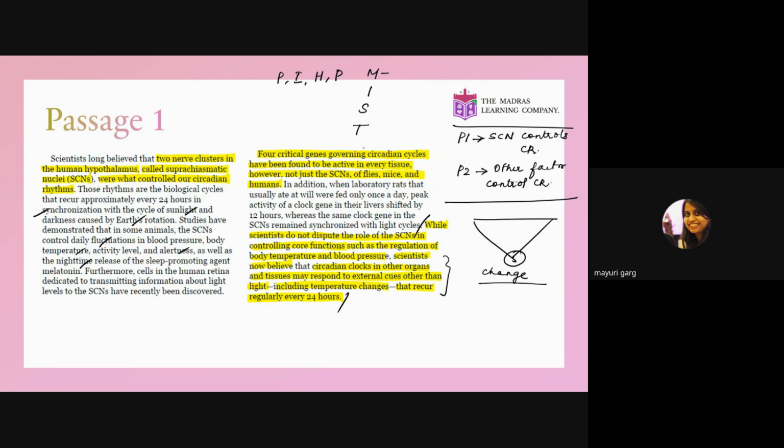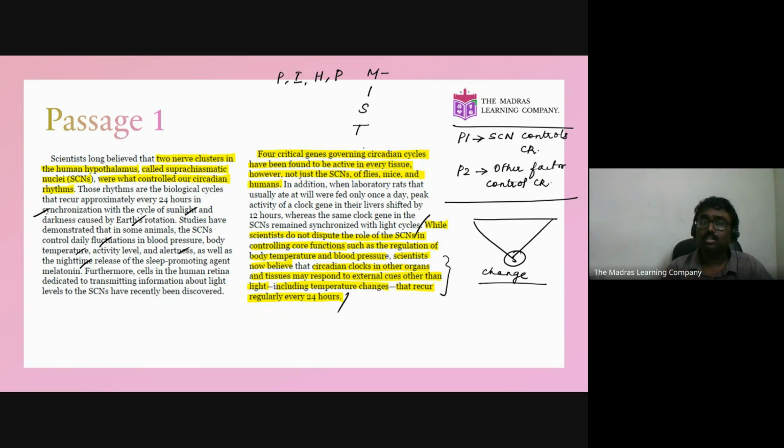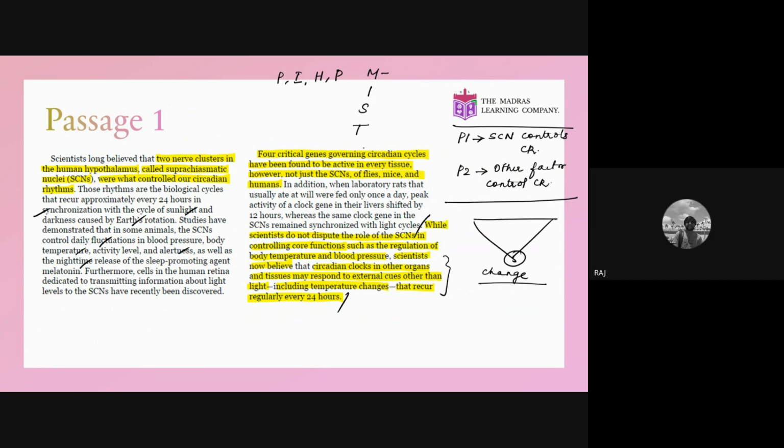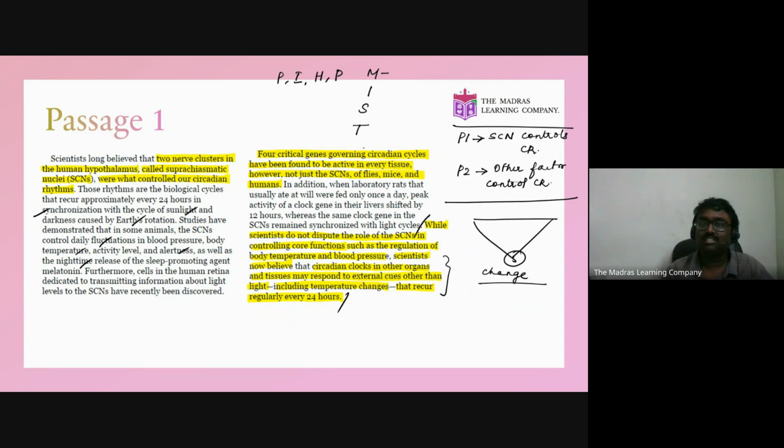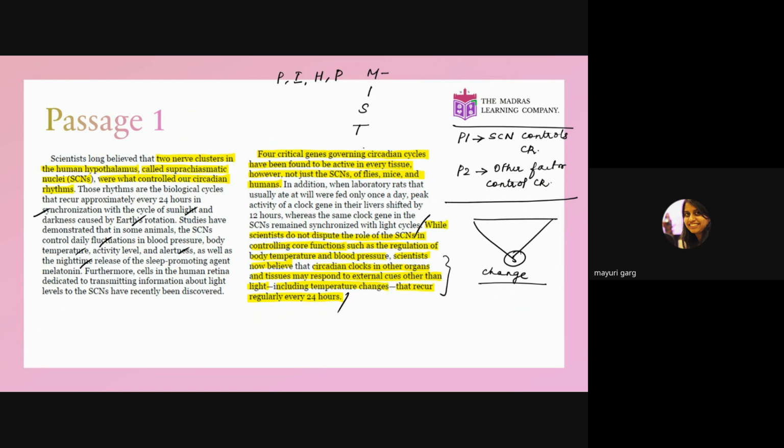How is circadian rhythm affected? But what is the passage talking about? Is it talking about circadian rhythm? It's talking about the core functions. No, it's talking about factors that affect circadian rhythm, or how it is controlled. What controls circadian rhythm?